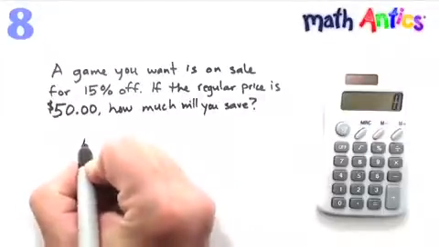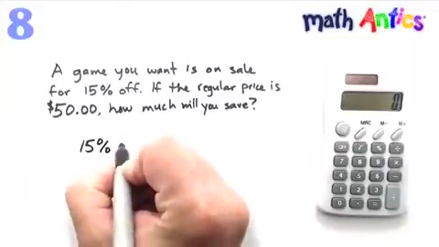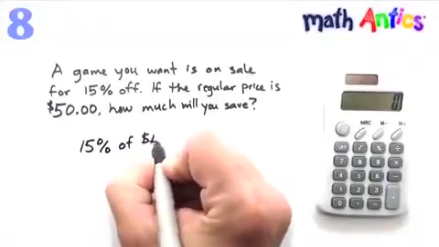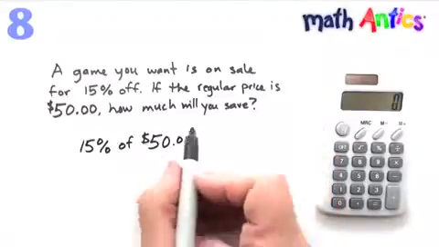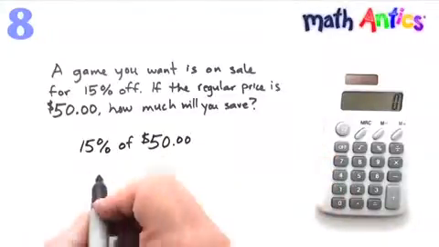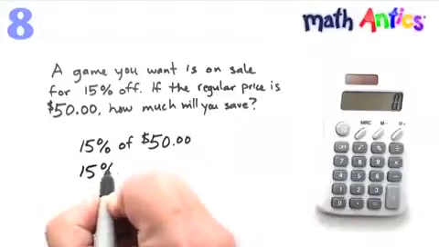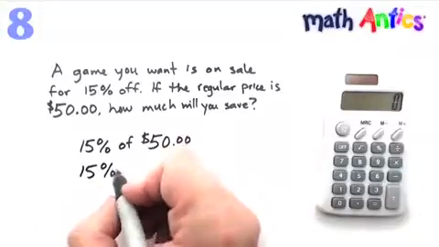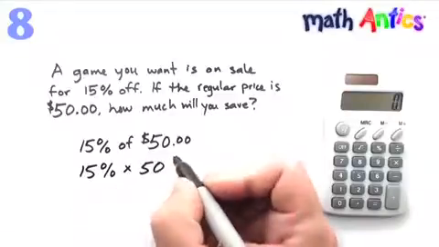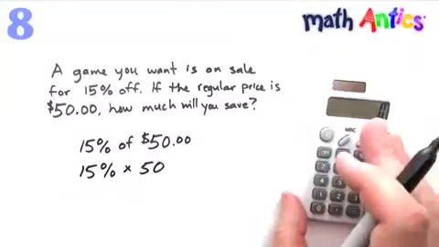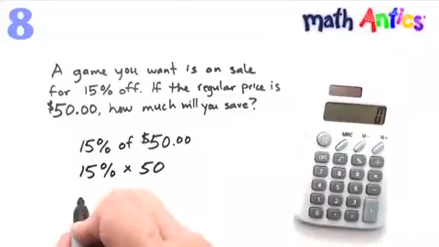We have 15% of $50. We'll rewrite it as a multiplication problem. So we have 15%, and for these steps I won't write the dollar sign, times 50. Since we can use our calculator, we're going to use the decimal method.